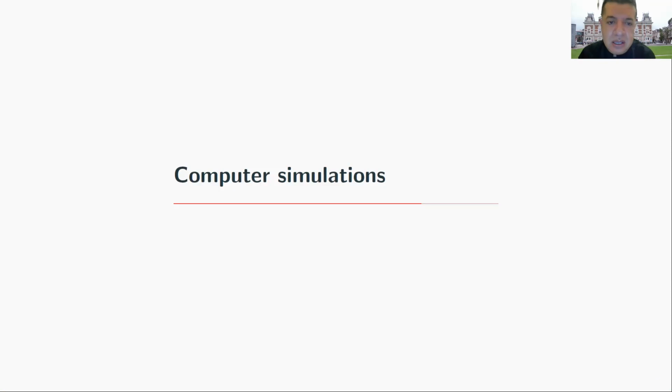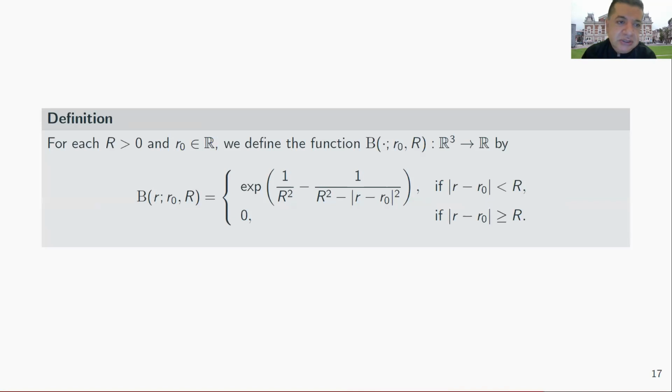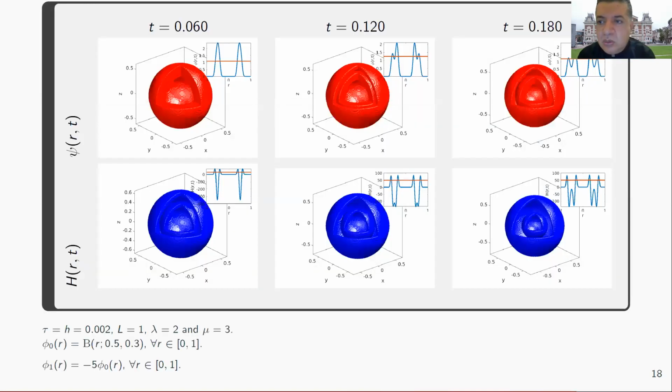Finally, I will show you the computer simulations. For that, we established the following definitions of the function b in order to define the bubbles in the simulation. So we can see the solutions.